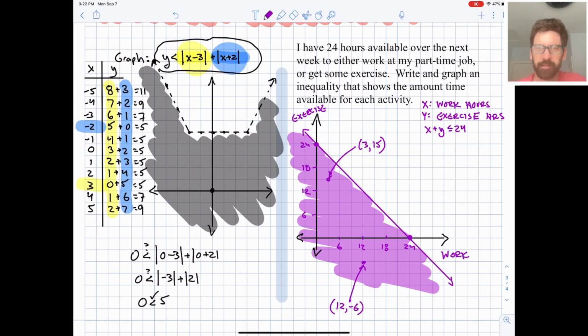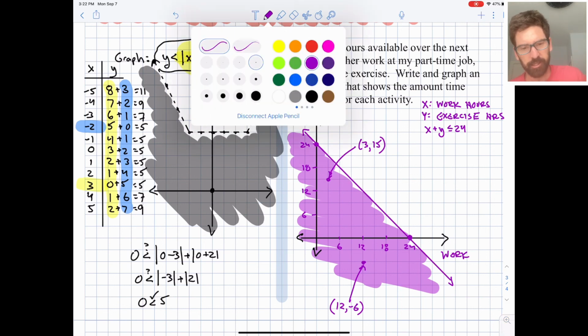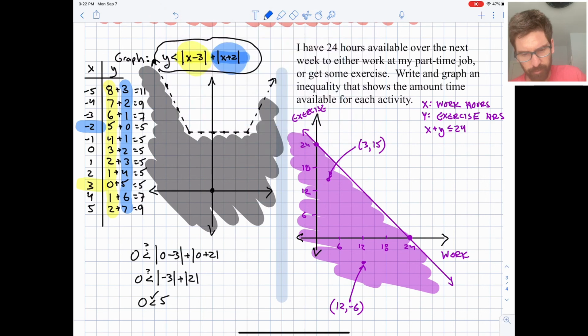That doesn't make sense in this real world context. So let's specify the actual final solution would be in this shaded triangle that is in the first quadrant. Okay, so that would be our actual final solution for this real world situation.